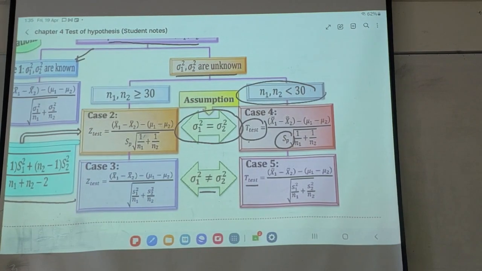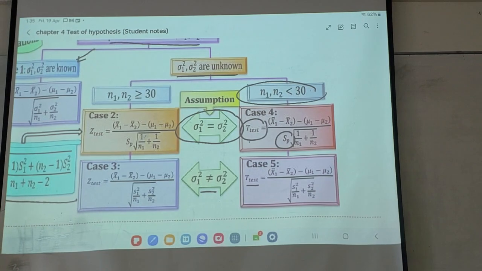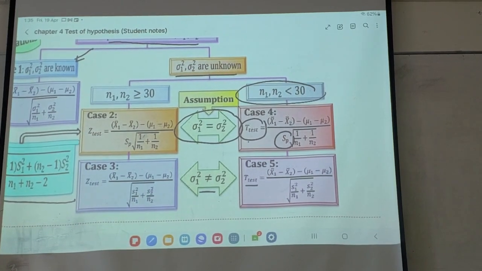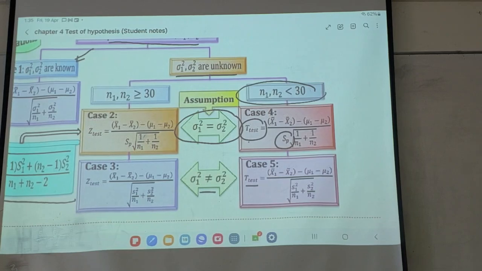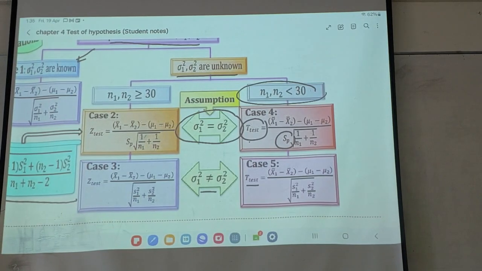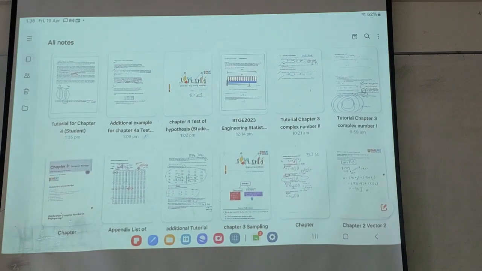Because from the question, they make the assumption the population variances are the same, and we don't have any information about the population variance. Hence, case 4 will be used. So copy this equation.